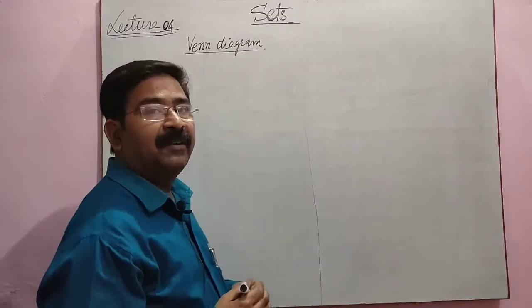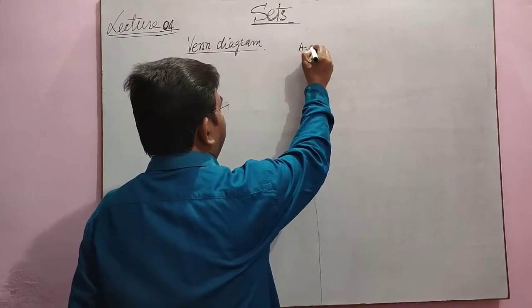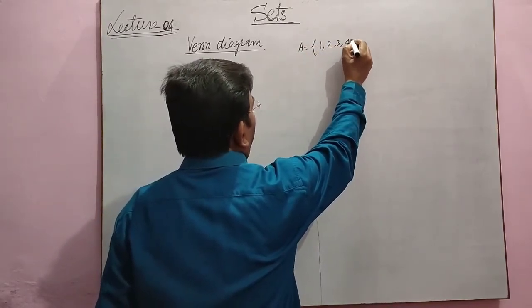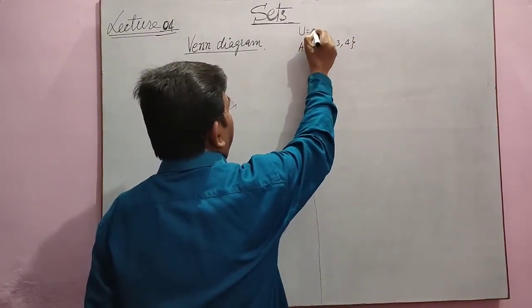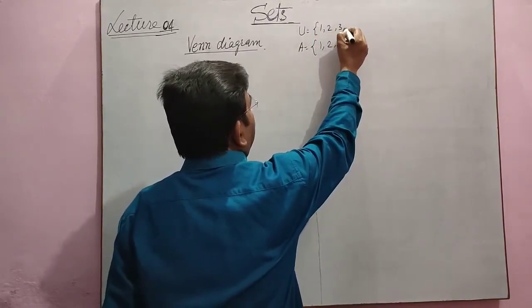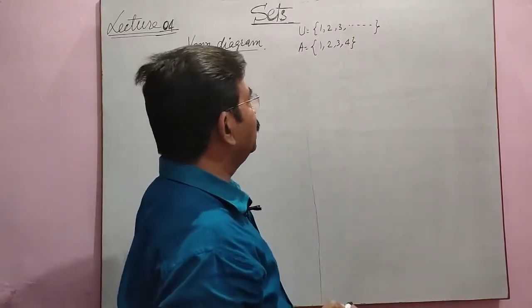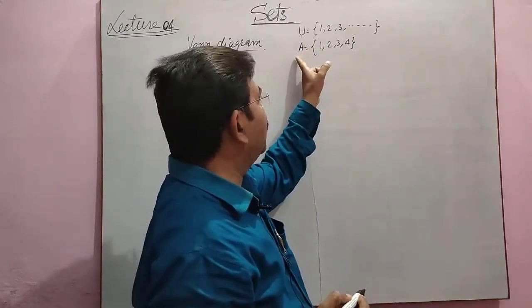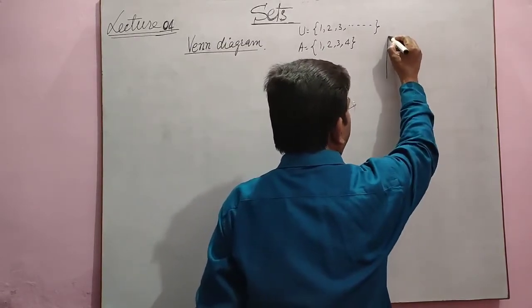Suppose we are given a set A of 1, 2, 3, 4 and so on, and universal set is set of all natural numbers. So as I told, universal set is represented by rectangle and other sets by circle. So its Venn diagram is like this.